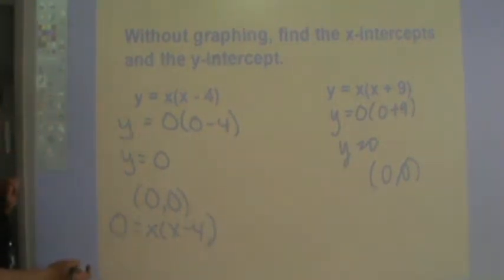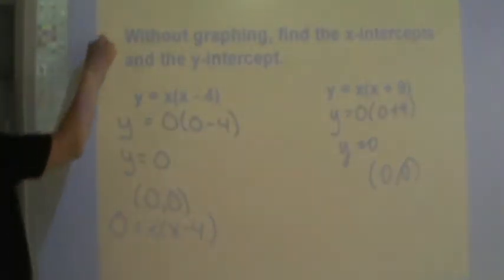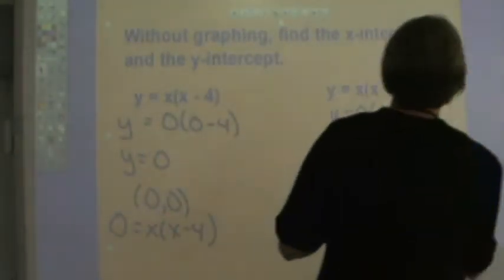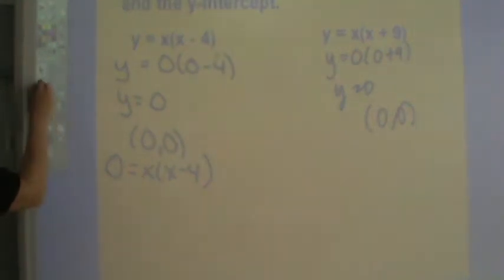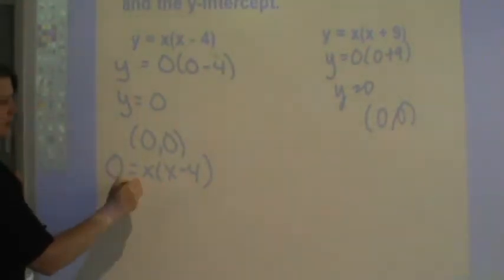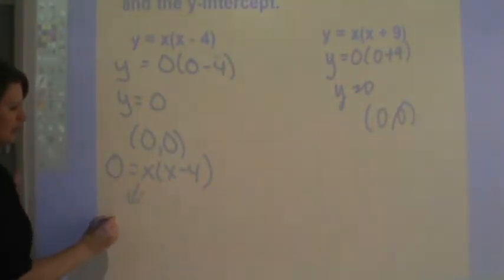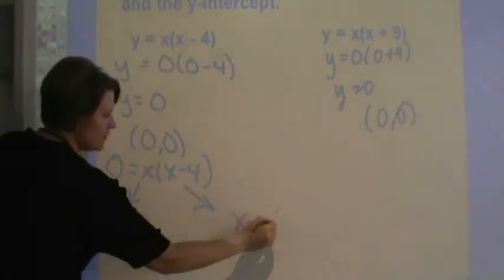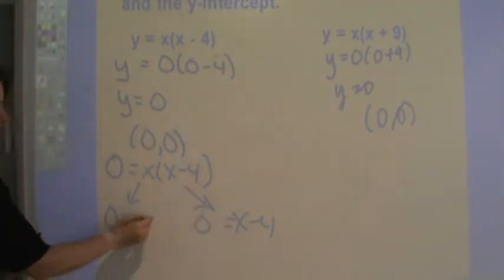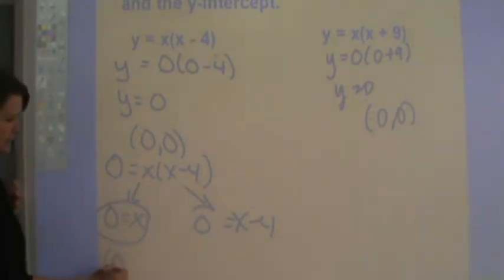Okay, so this is the split thing. This is why I had you review the zero product property. Let me just move that up a sec so I have room. Okay, so if x is 0, this is where we split it, remember? Either x is 0 or x minus 4 is 0. Okay, so that means 0, 0 is one of them.